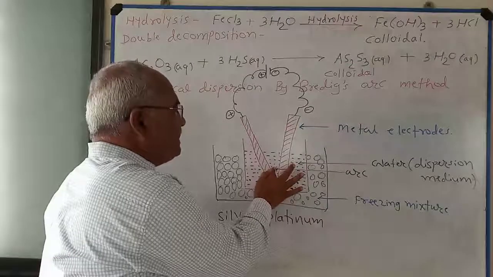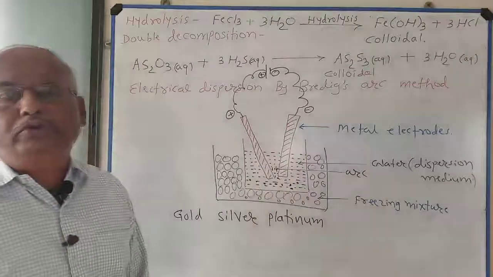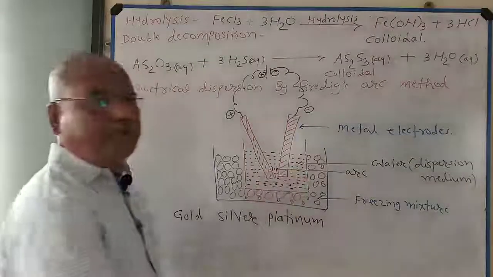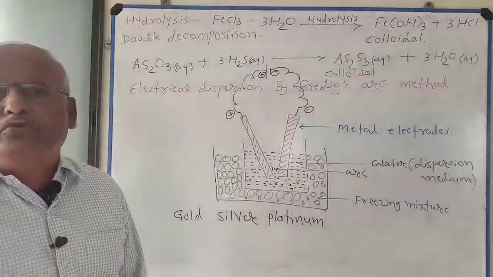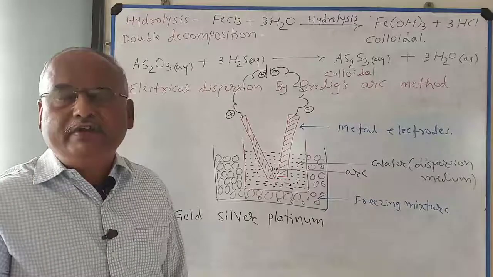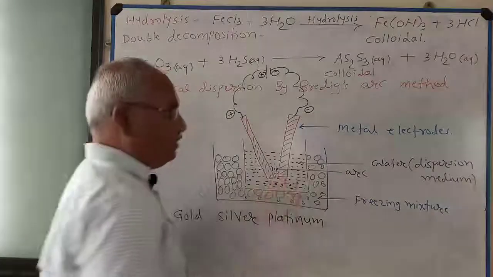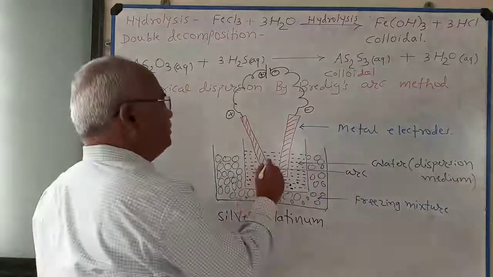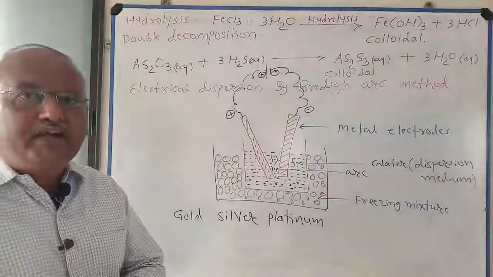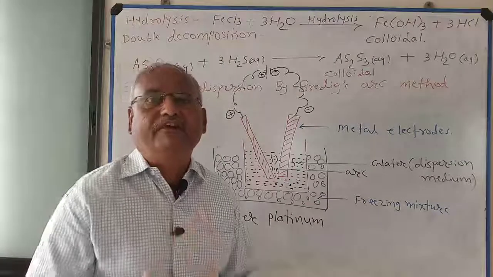An electric arc is struck between these two electrodes. Due to high temperature of electric arc, the tips of the electrode get evaporated, and condensed to particles of colloidal size.